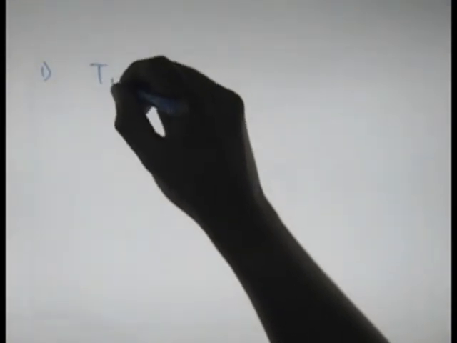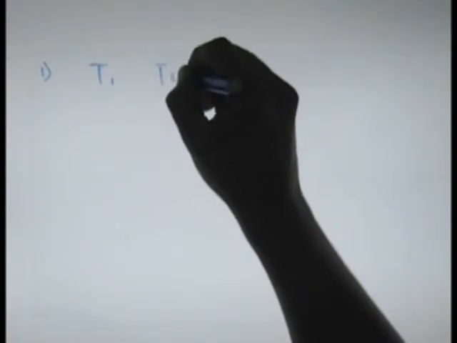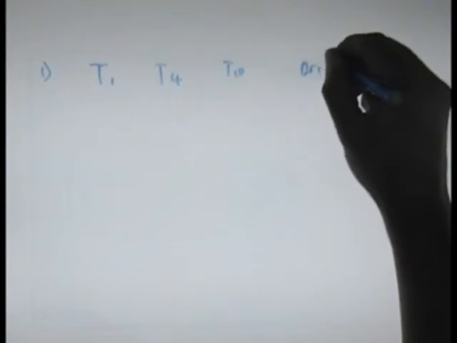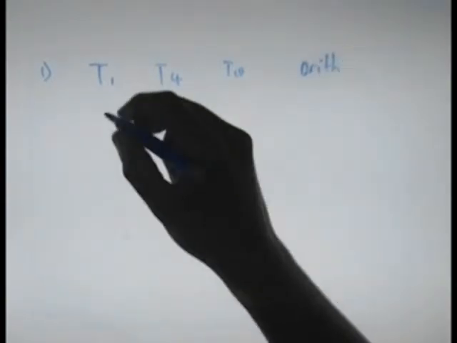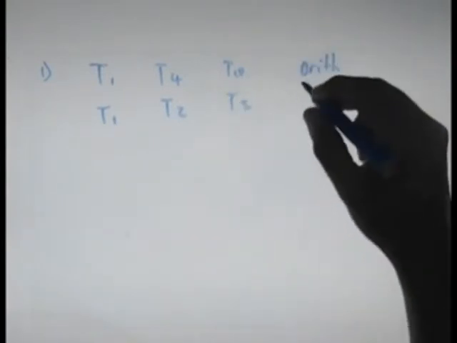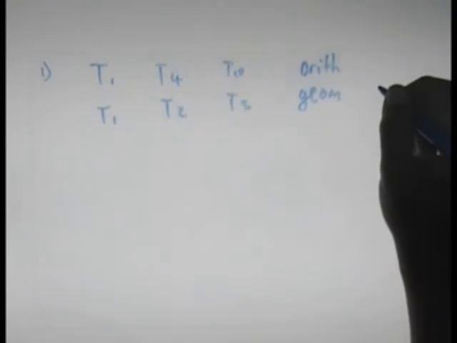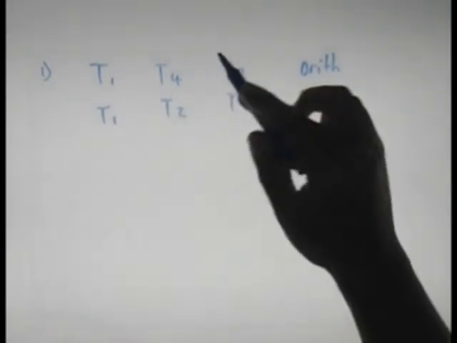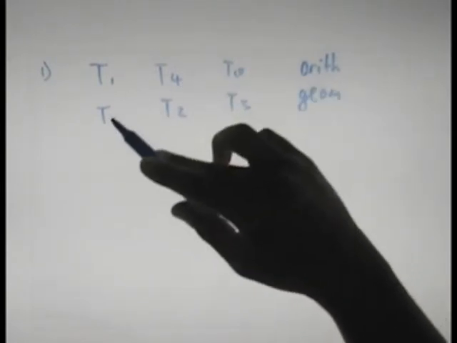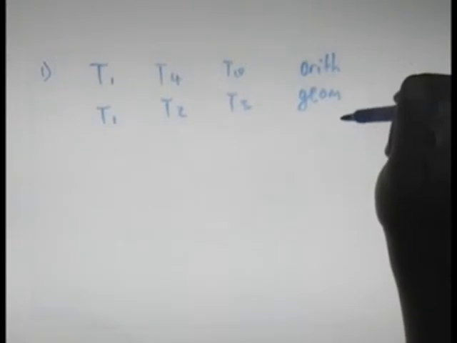We know that T1, T4 and T10 of the arithmetic is equal to T1, T2 and T3 of the geometric.